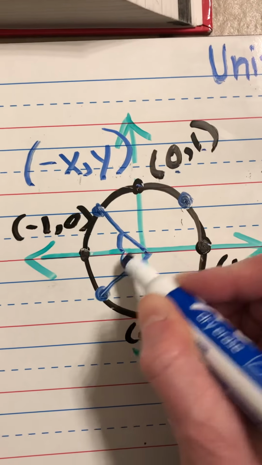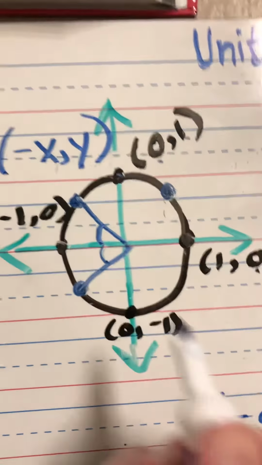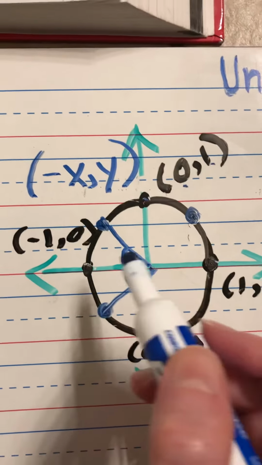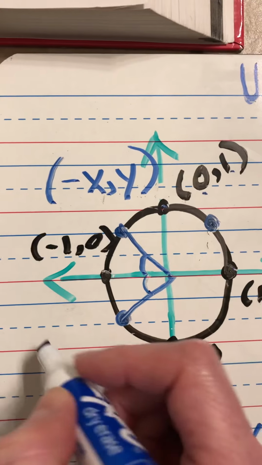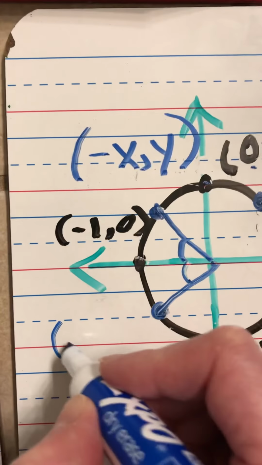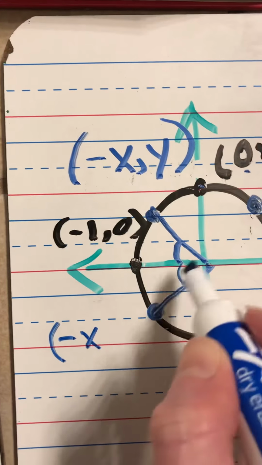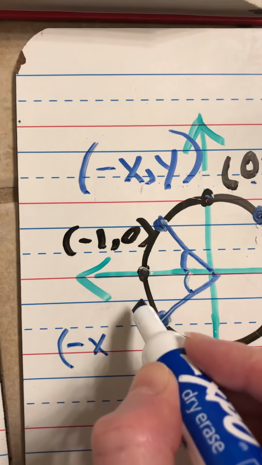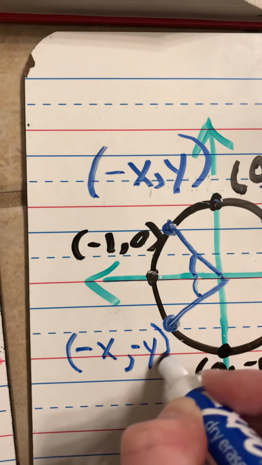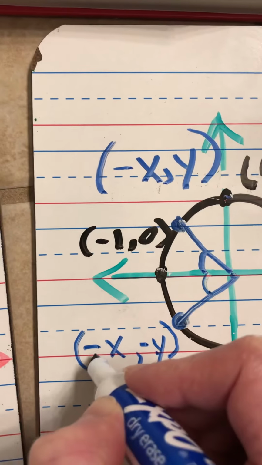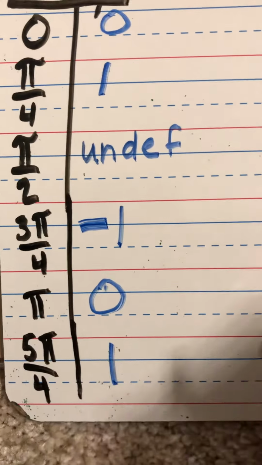So once again, this reference angle here is pi over 4, or 45 degrees. So we're still going to have 1, but we have to decide if it's positive or negative. And in this quadrant, the x coordinate is negative, and then because you go down, the y coordinate is also negative. And a negative divided by a negative is a positive. So it's going to be +1.